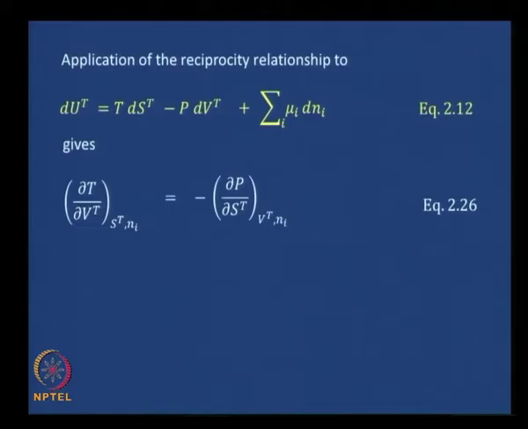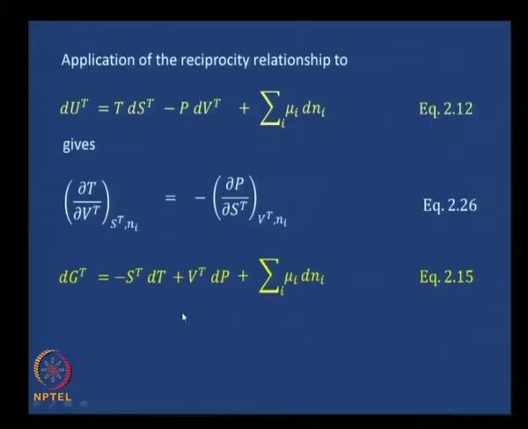Let me show this a few more times so that it becomes simpler to remember. Let us consider the next relationship. dGt equals minus St dT plus Vt dP plus summation of mu i dni, as we have already seen in equation 2.15.